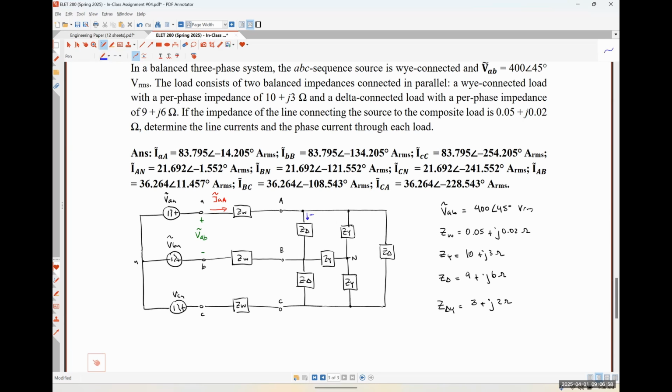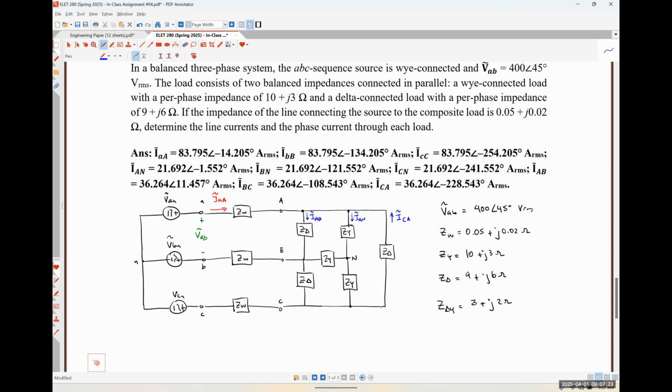So this is going to be my phase current, IAB, and this will be my phase current, IAN, and we'll see in a couple of minutes I'm going to wind up using this guy, ICA, as well.